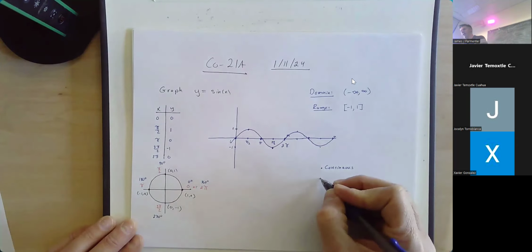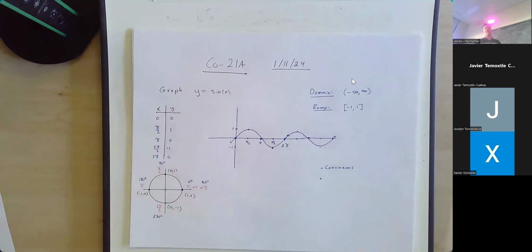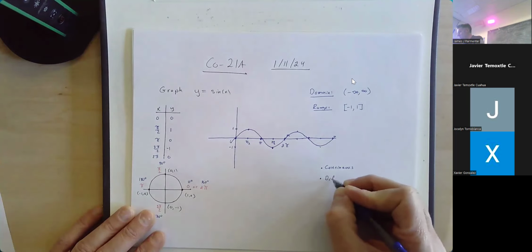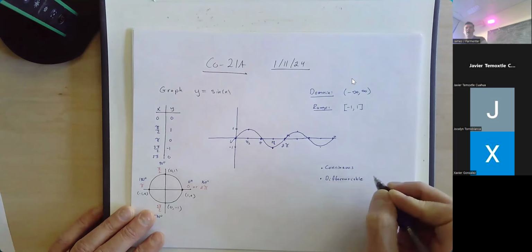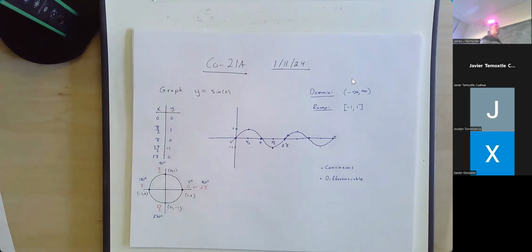And also, although we haven't defined this yet in this class, it's also differentiable, meaning the derivative exists everywhere. Graphically, what I would encourage you to think of is when a function is differentiable, it's smooth. There's no pointy parts. There's no corners. There's no cusps.